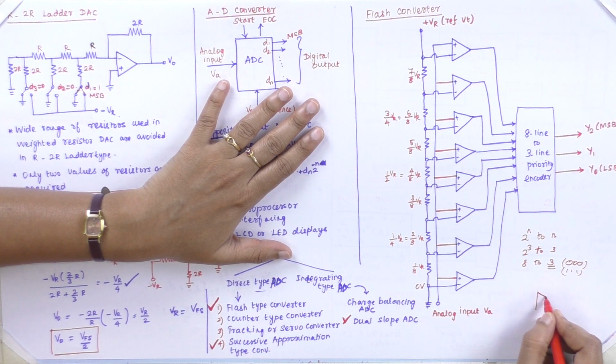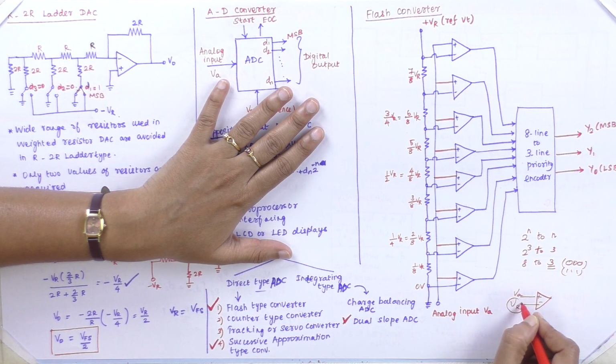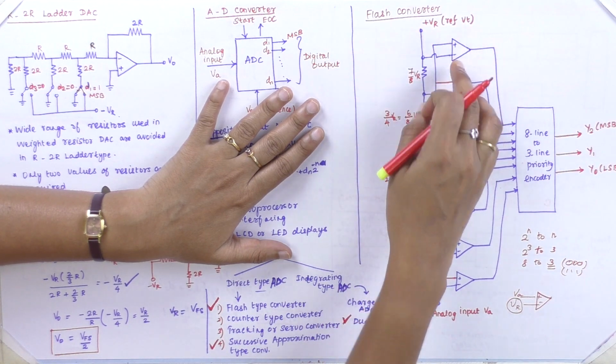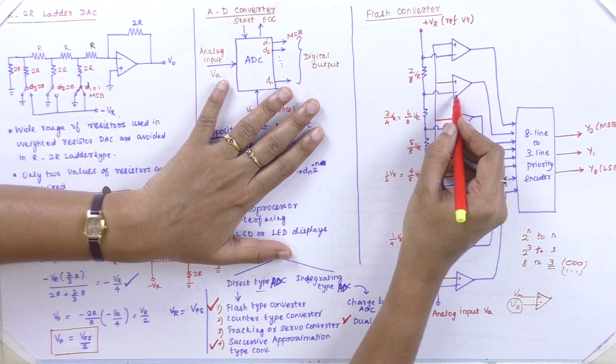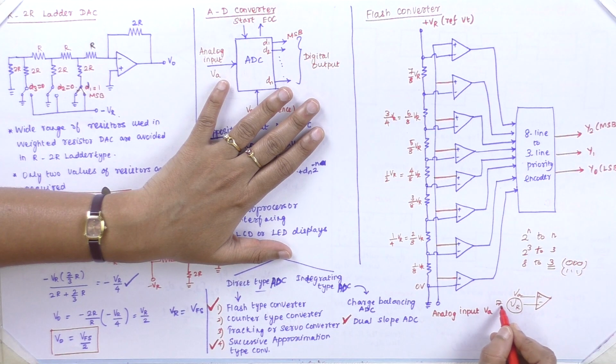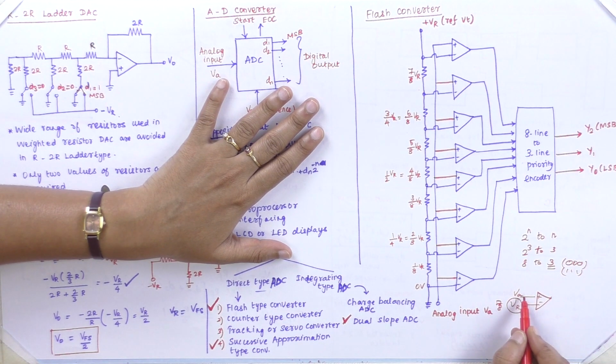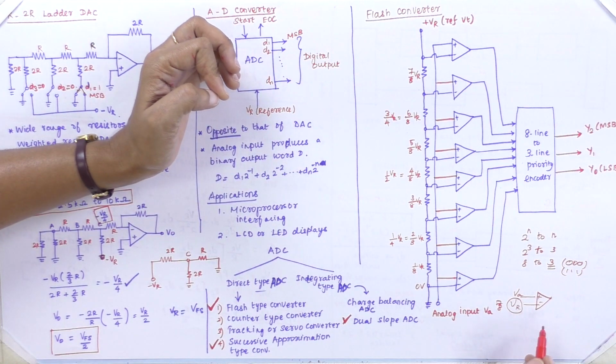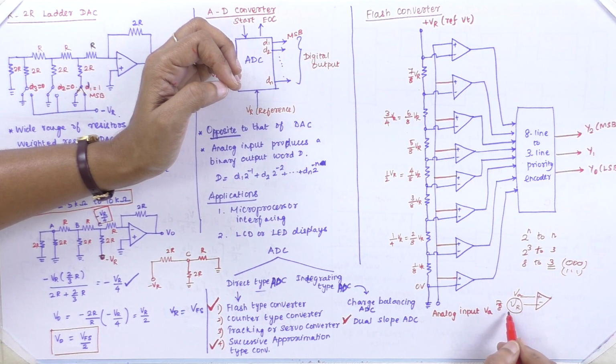So the concept is that it is given to an operational amplifier. The VA plus terminal is connected to the input signal, and the minus terminal is connected to the reference voltage. If it is connected to 7 by 8 VR, like that every time I am going to compare whether my analog signal is greater than this voltage.